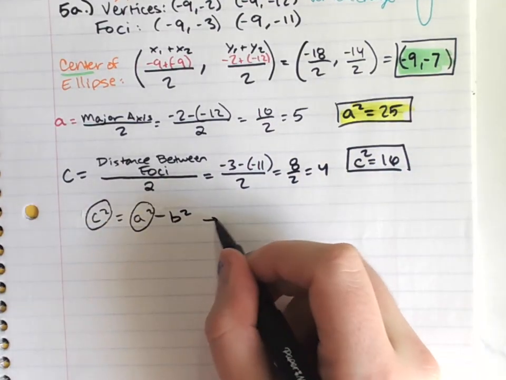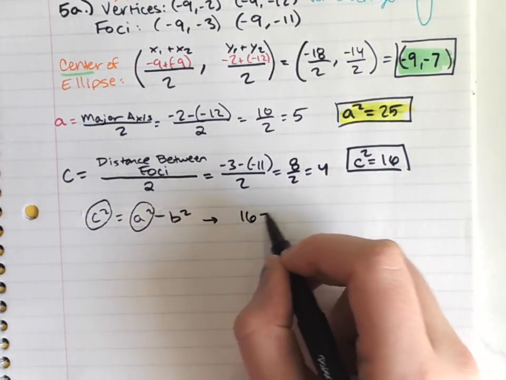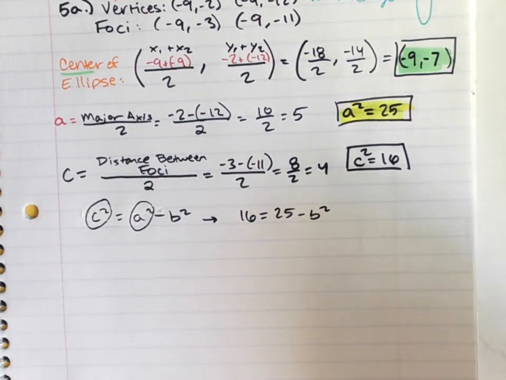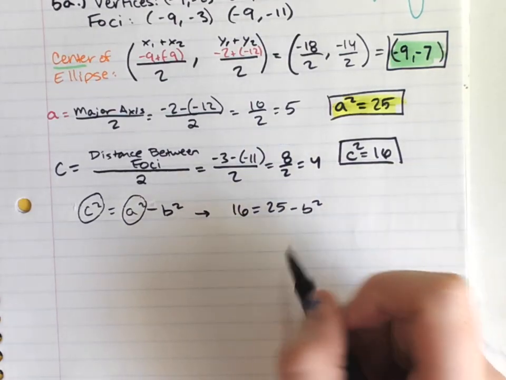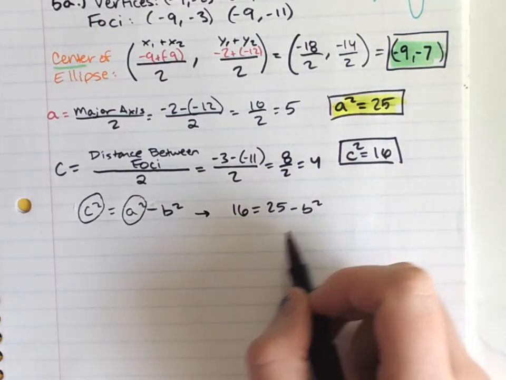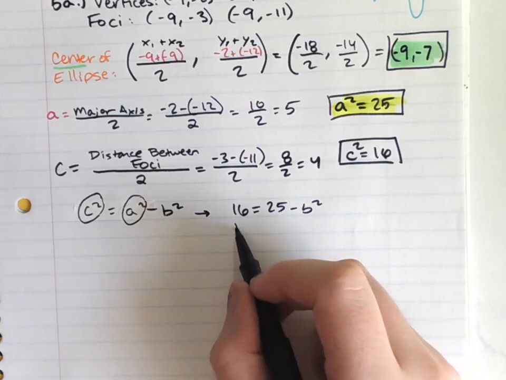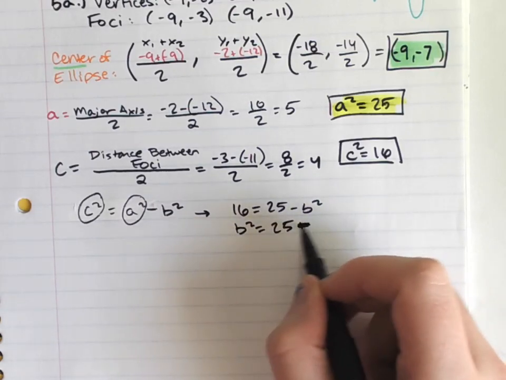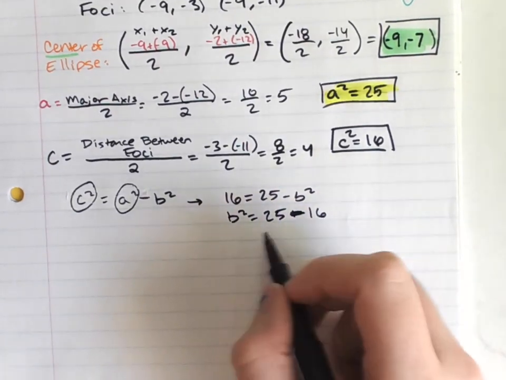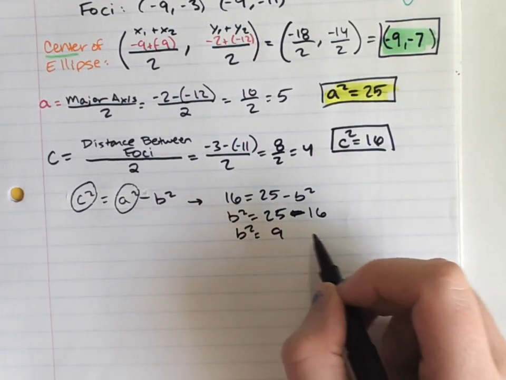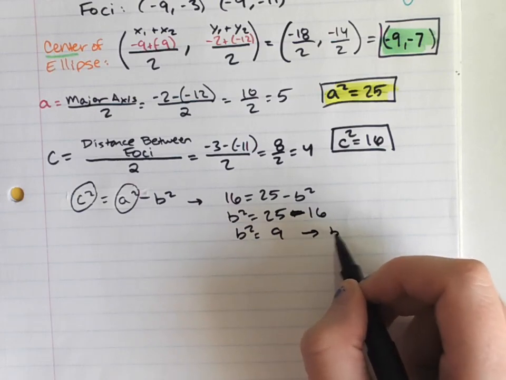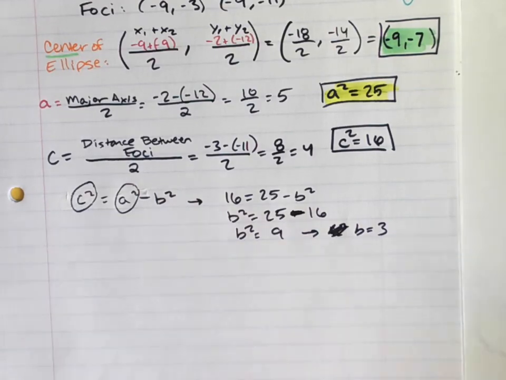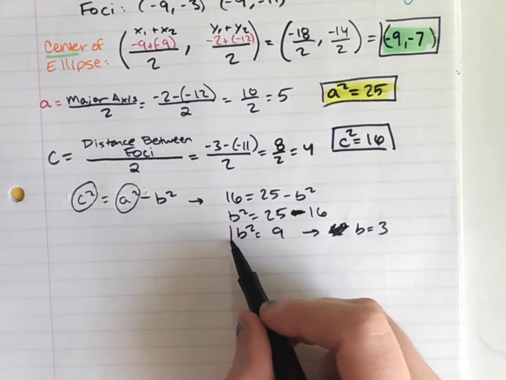Let's solve for b. We've got 16 is equal to 25 minus b squared. If I were to move b squared over here and 16 over there, you'd have 25 take away 16. b squared equals 9. You could say that b is equal to 3, but we don't really need that. We just need what b squared is.